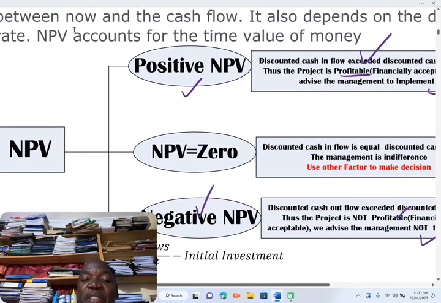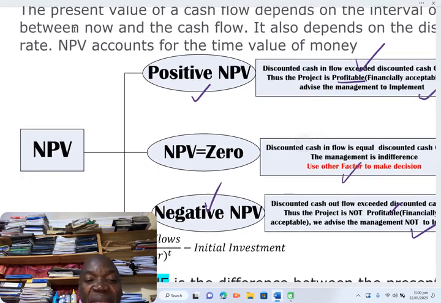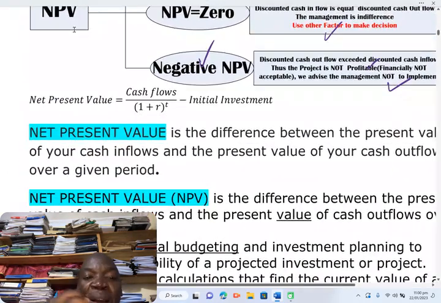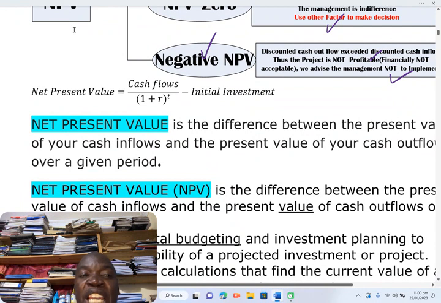Now, if the NPV is 0, this means that discounted inflow is equal to discounted outflow, and therefore the management is indifferent. It can use other factors to make a decision, or if it accepts, it's okay, and if it rejects, okay, because it is indifferent. So far we have discussed what NPV is.